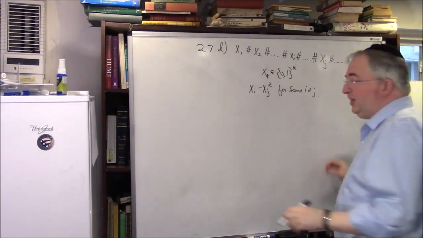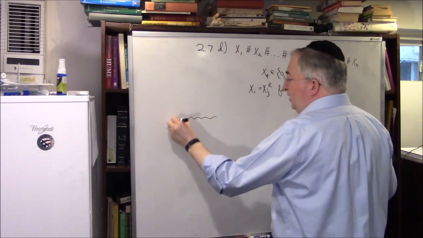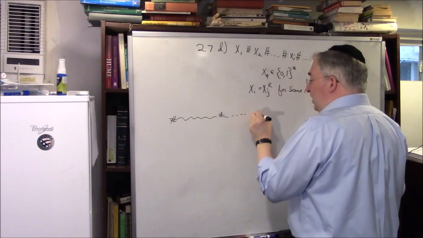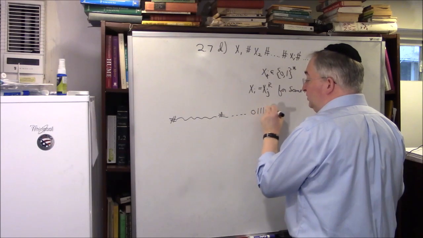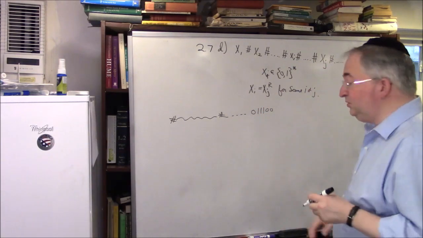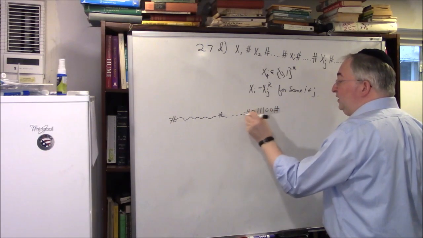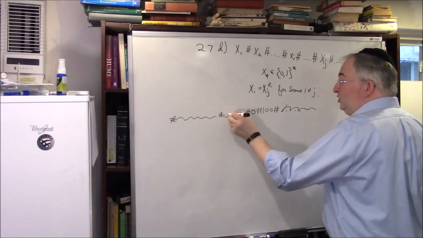Let me give you an example. You're going to have a lot of stuff here. Number sign, and so on. At some point, you're going to have something like this: 0, 1, 1, 1, 0, 0. Number sign here, dot, dot, dot. It's going to be a lot of junk over here.